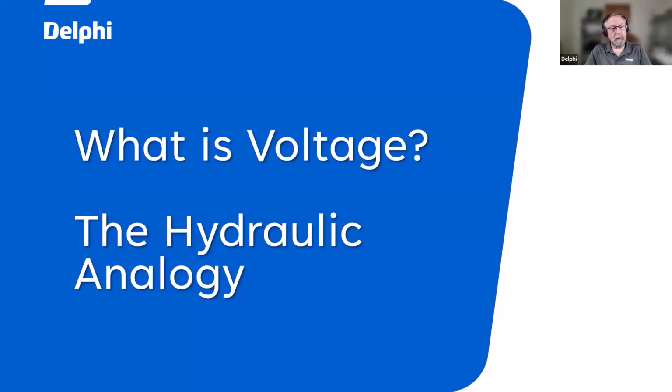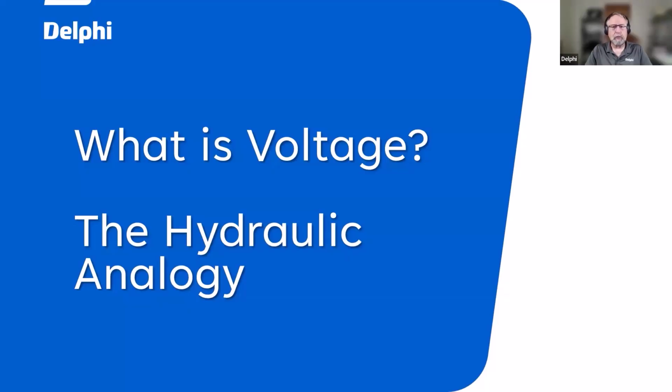Many of us, maybe all of us, are visual kinesthetic learners, and we learn best when we can see things and we can get our hands on it. The unfortunate part about electricity, of course, is that if you see it or feel it, there's something seriously wrong. So under normal operational circumstances, you don't see anything.